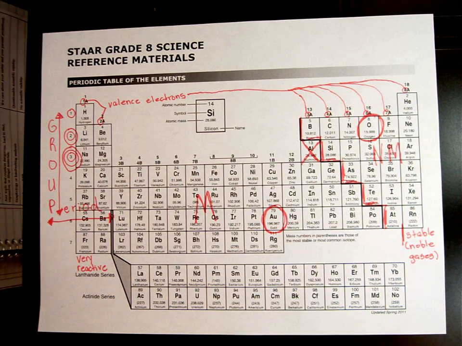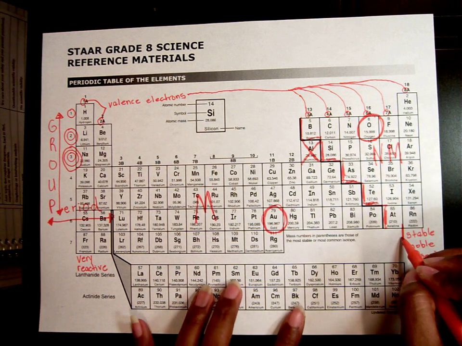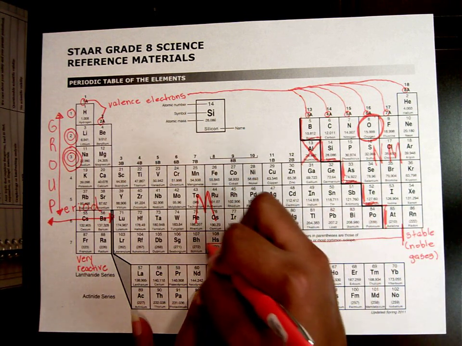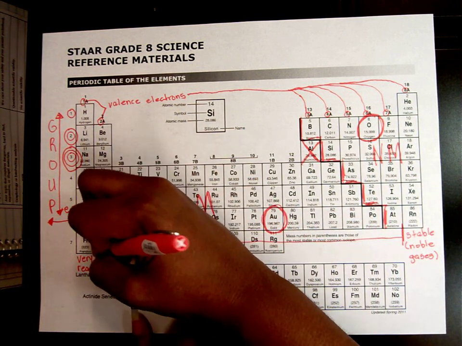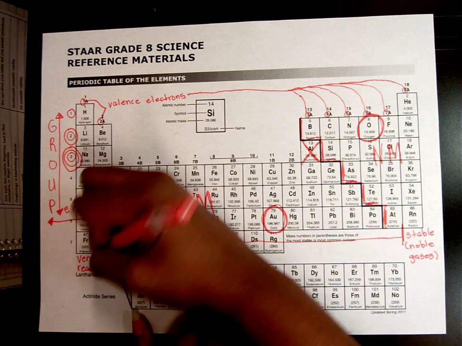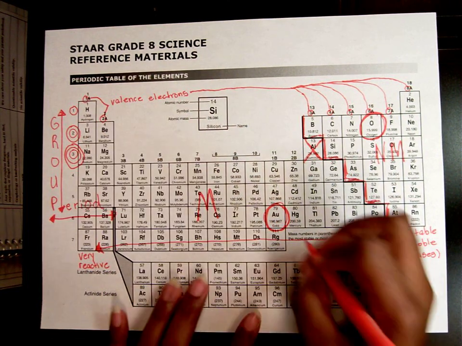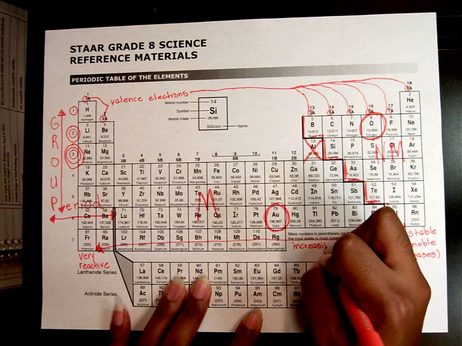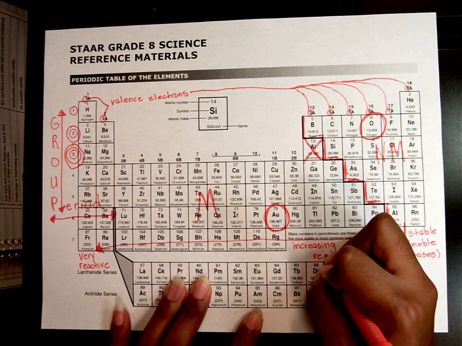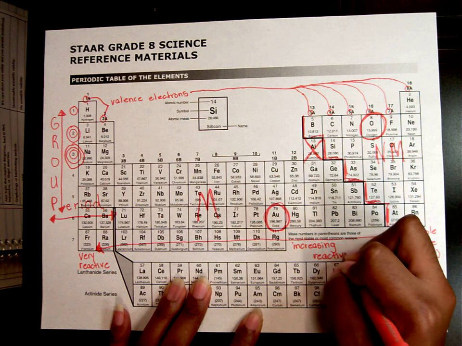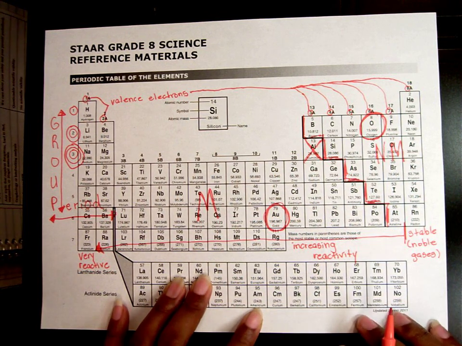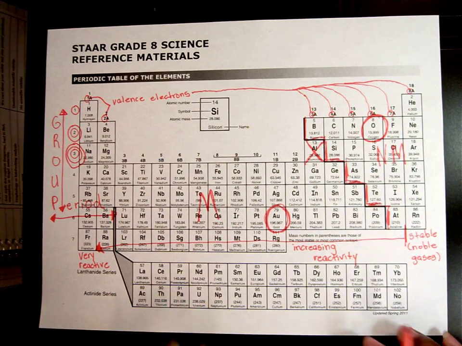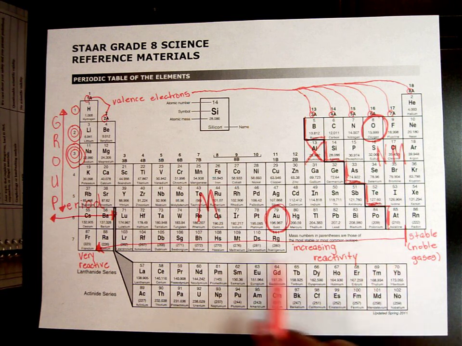And what we're going to do is draw an arrow this way, and we are going to write increasing reactivity. So what this means is that as you move this way across the periodic table, elements become more reactive.